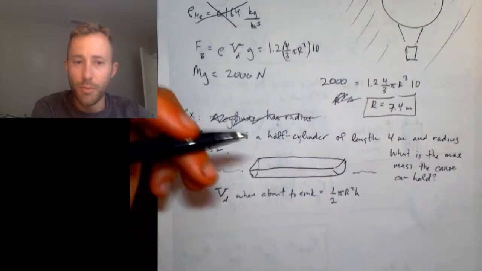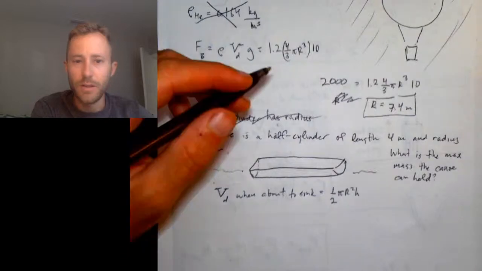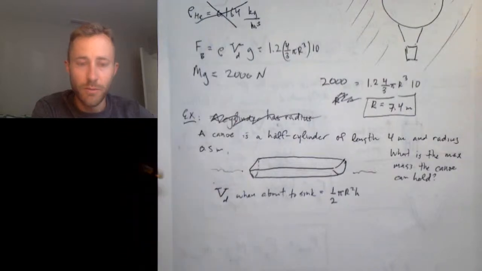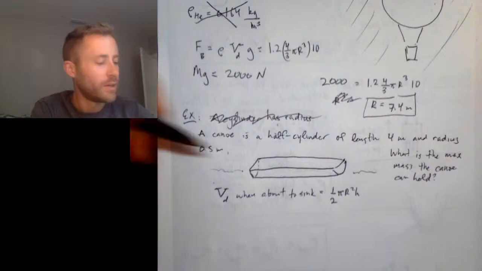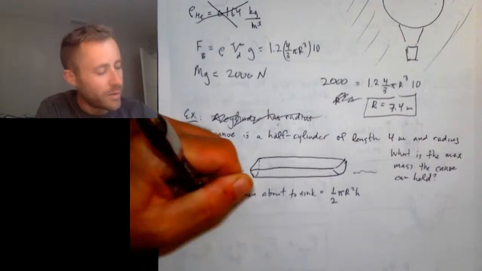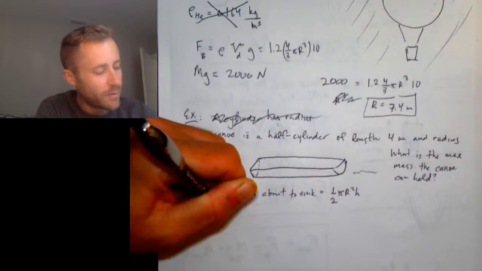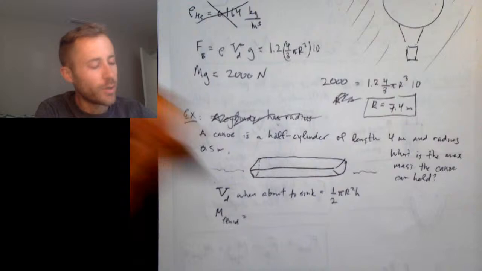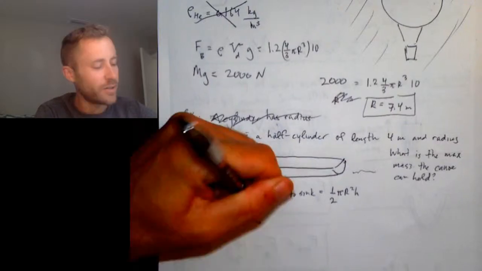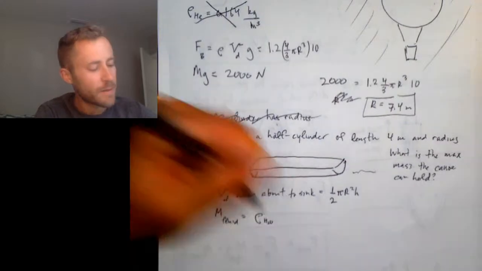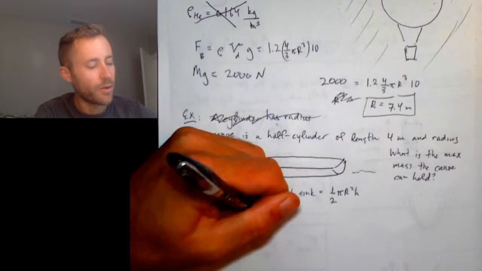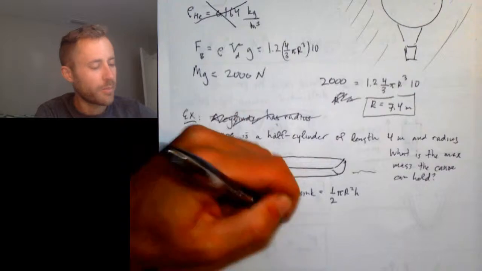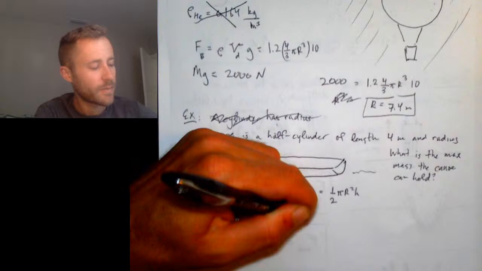And remember, the buoyant force is equal to the weight of the water displaced. So that means that the mass of fluid when it is about to sink is going to be the density of water times the volume, which is 1/2 pi r squared h, times gravity.